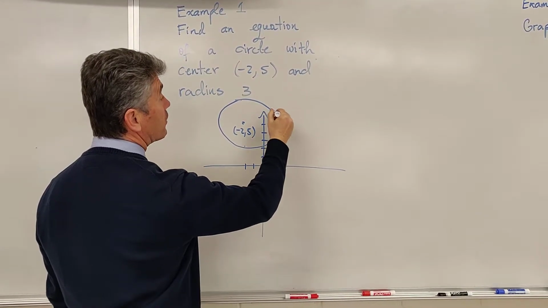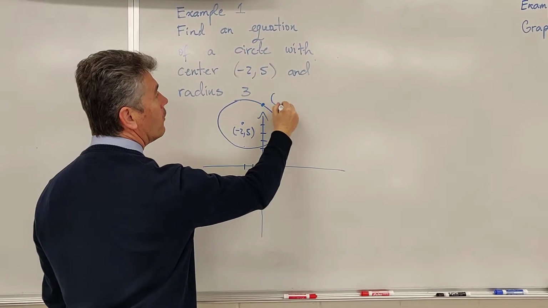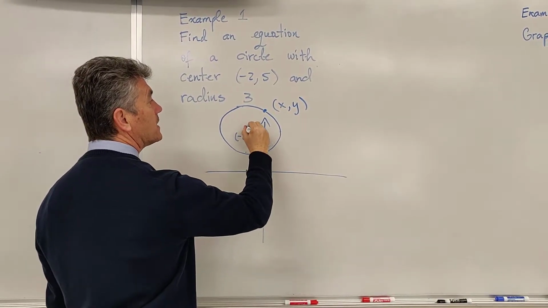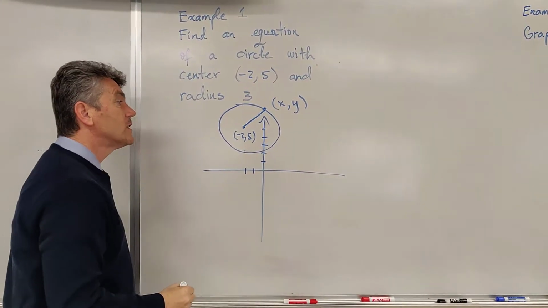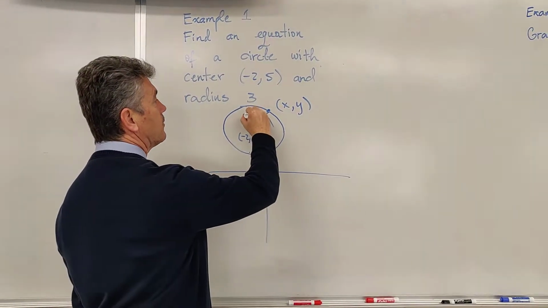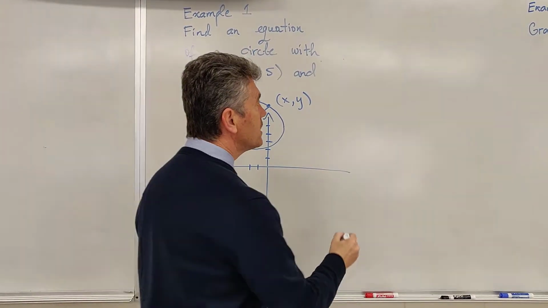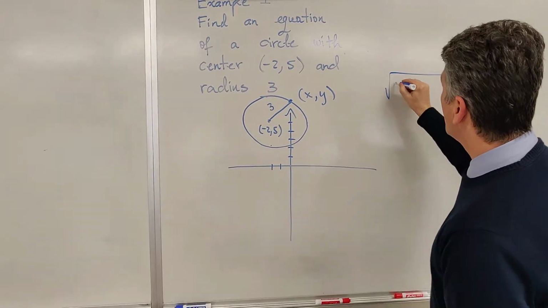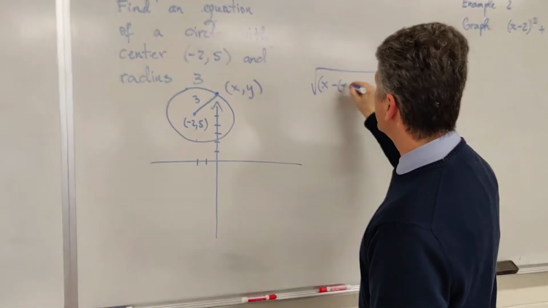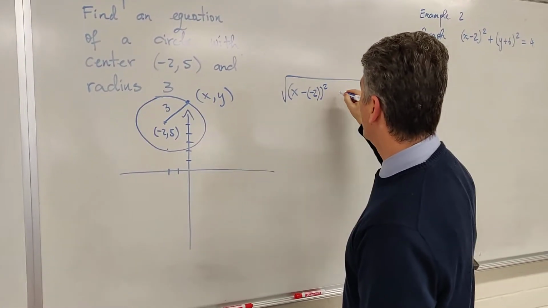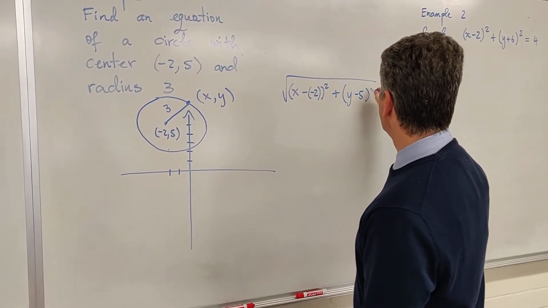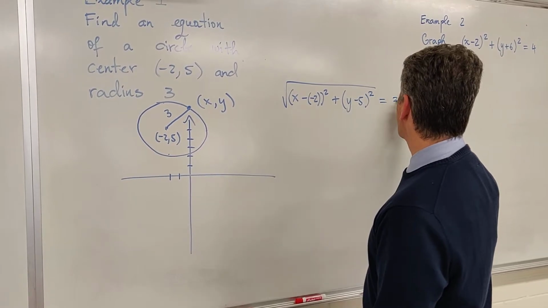We choose an arbitrary point. We do not know it. We call it x, y. And we know that the distance from the center to that point is equal to 3. Using the distance formula, we have the square root of (x minus negative 2) squared plus (y minus 5) squared is equal to 3.